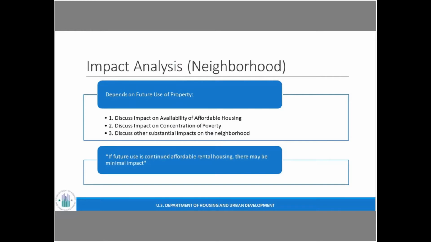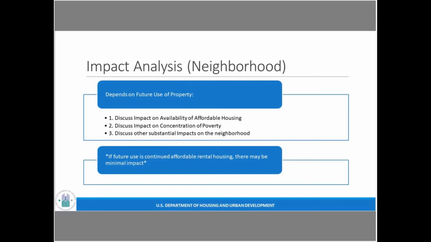Okay, so the next thing is impact analysis. What we're really looking at here is what the impact on the neighborhood will be from the conversion. So we're looking for housing authorities to submit a narrative discussing the impact on the availability of affordable housing in the neighborhood, the impact on the concentration of poverty in the neighborhood, and other substantial impacts on the neighborhood.